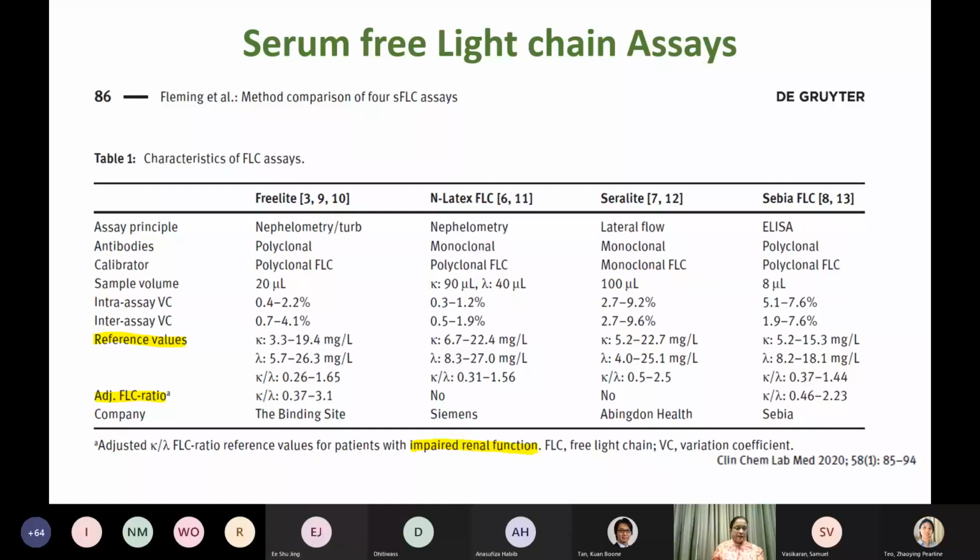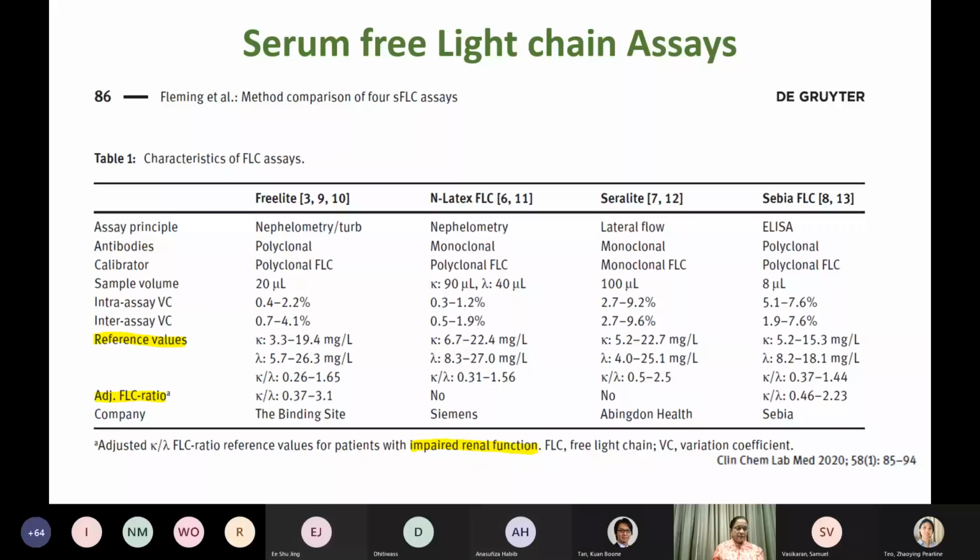After that, we had the Siemens N Latex assay, and now there are a few other assays such as Sebia, Sebia CBA, and most recently the Diazyme assay on Roche instruments. Some of these assays are turbidimetric and some are nephelometric, and depending on the instrument type, a free light chain assay could be either nephelometric or turbidimetric.